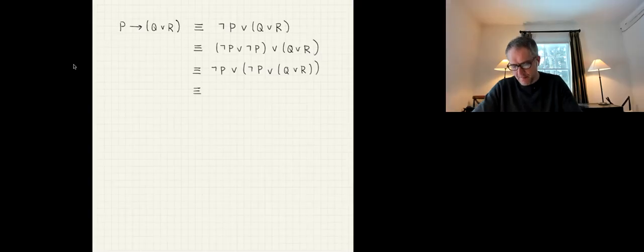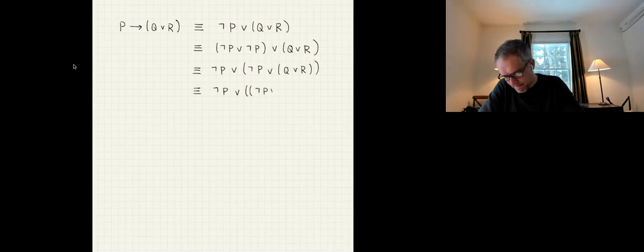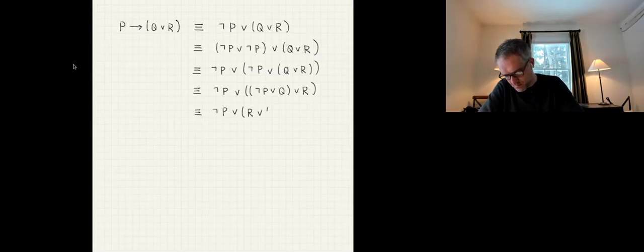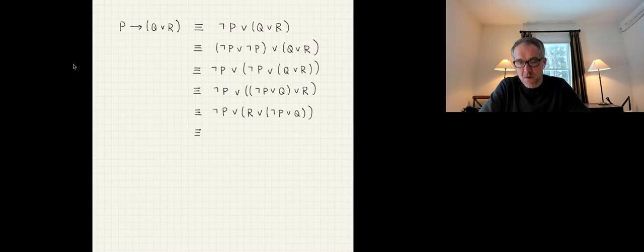And then I'm going to shift again inside the previous parentheses. Okay, and then I'm going to commute. I'm going to do associativity again.